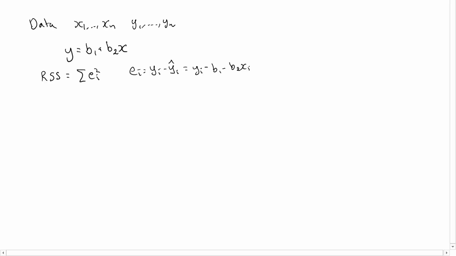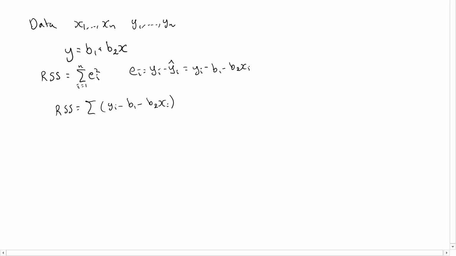And if I plug that into the formula for RSS, I get summation, and all the sums go from 1 to n in this lecture. So all these are 1 to n. I'm not going to write that out. Ei squared, so that will be yi minus b1 minus b2 xi.